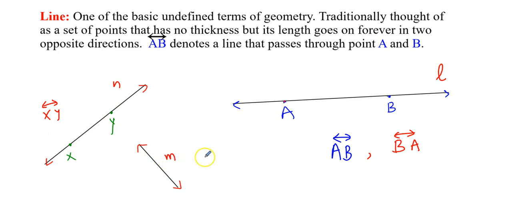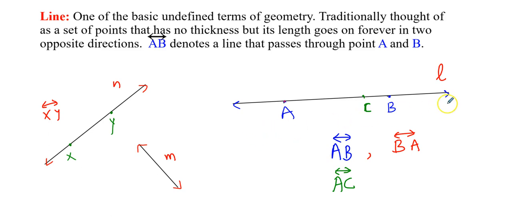This is M, etc. Now sometimes if you know a third point also on this straight line, suppose there is a point C, the same straight line is called AC also. If you want, you can call it AC.